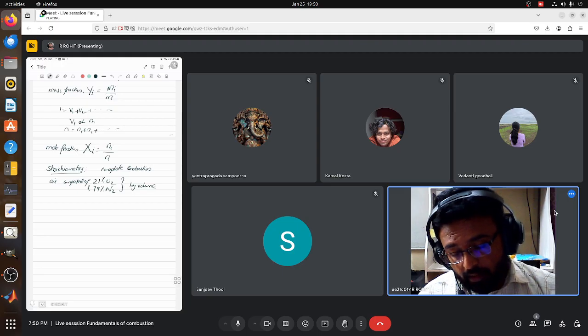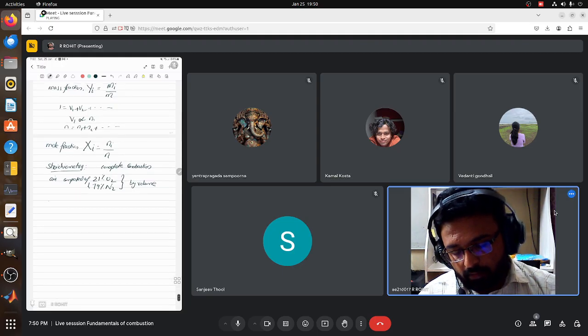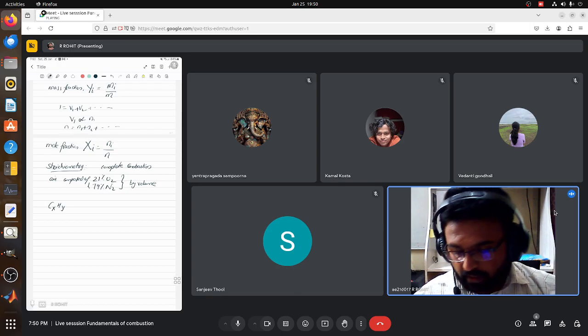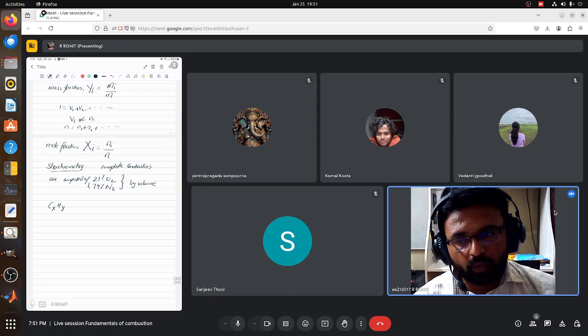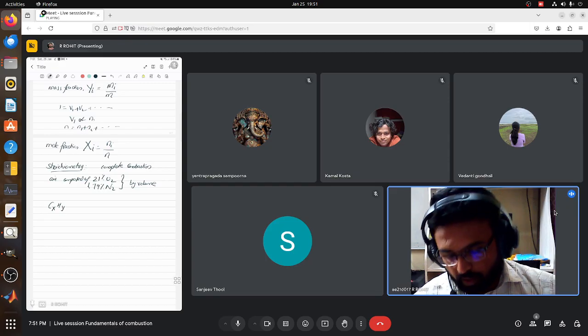The important thing, or a relative shortcut to remember, is this: if you have a general hydrocarbon represented by CxHy, which contains x carbon atoms and y hydrogen atoms, and a single step reaction, remember here we are taking a single step reaction. You don't consider a set of intermediate reactions.